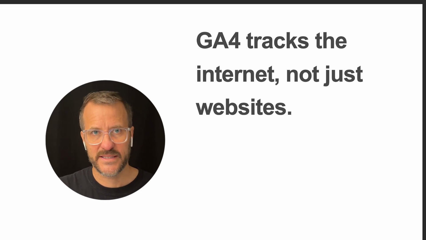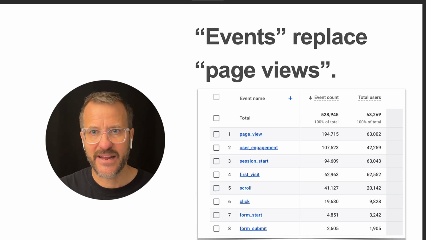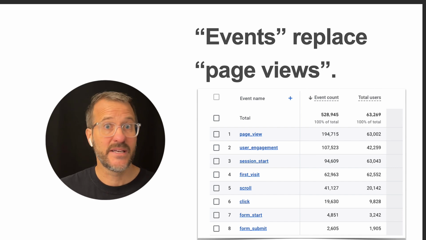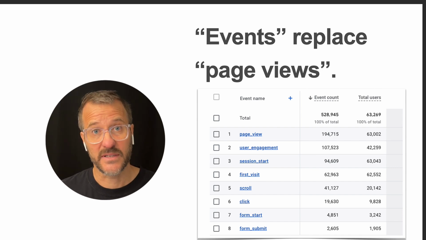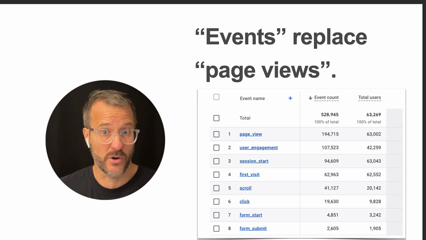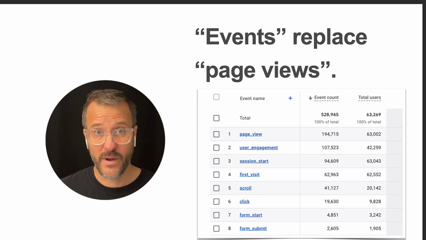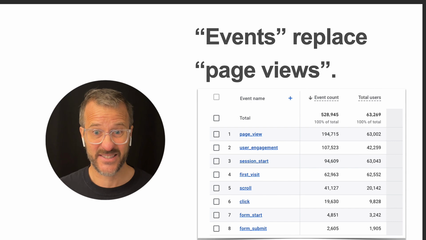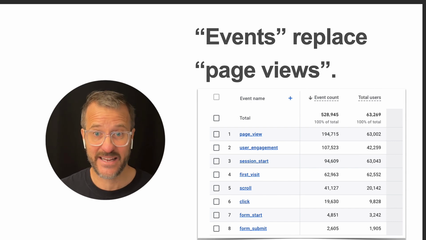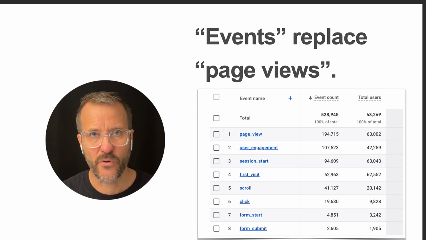One of the things that we see is that events replace page views. In the previous version of Google Analytics, all the tracking was built around the idea that you were looking at a page on a website. Now, it doesn't assume that you're doing that. So page view is one of many events tracked. This is a standard Google Analytics 4 account. You can see all the different events it's tracking.